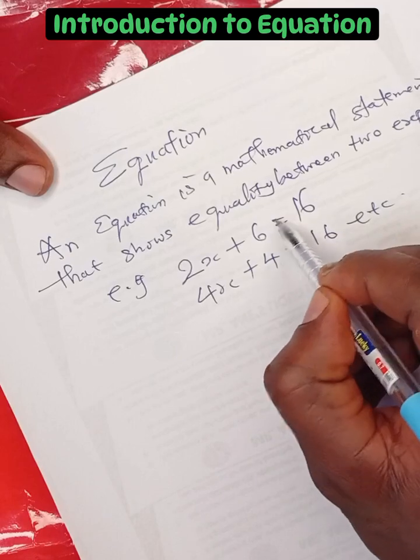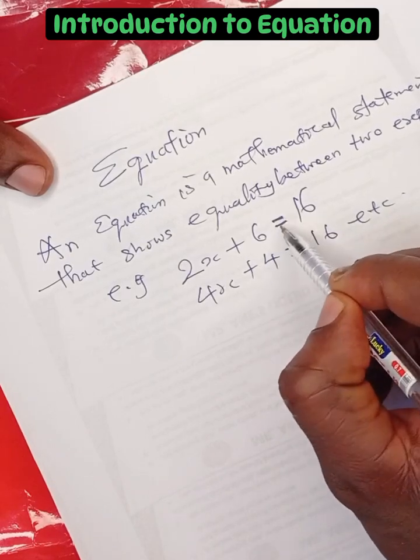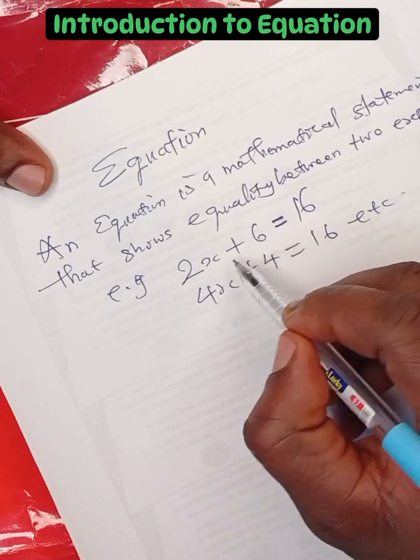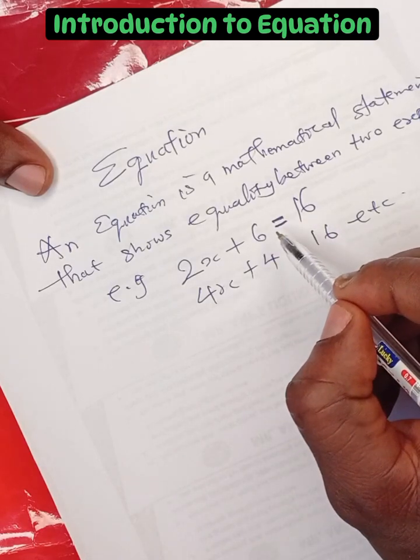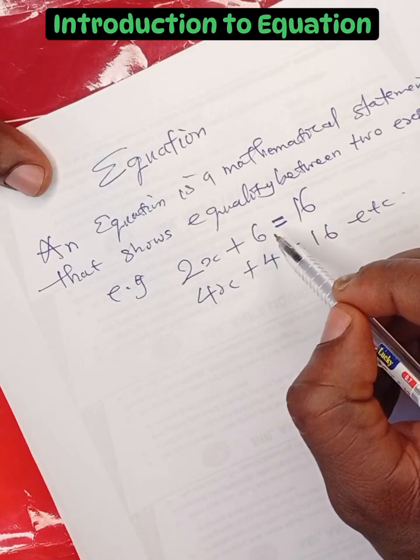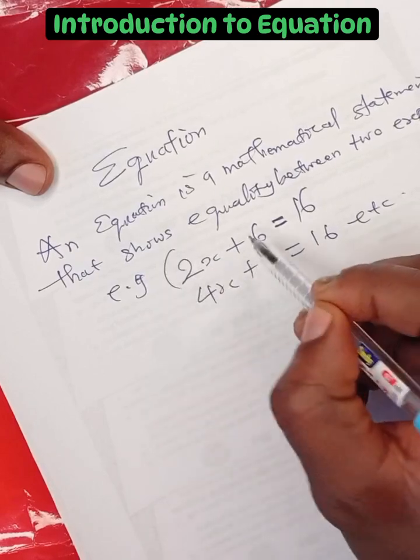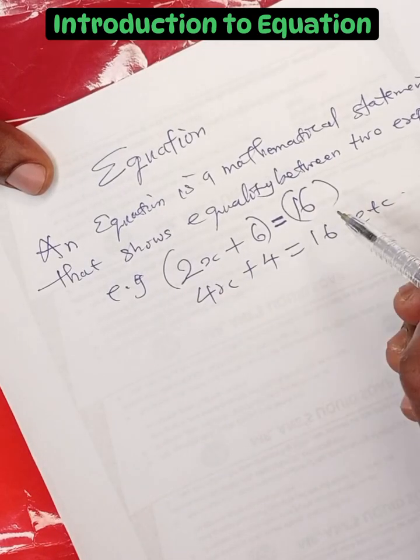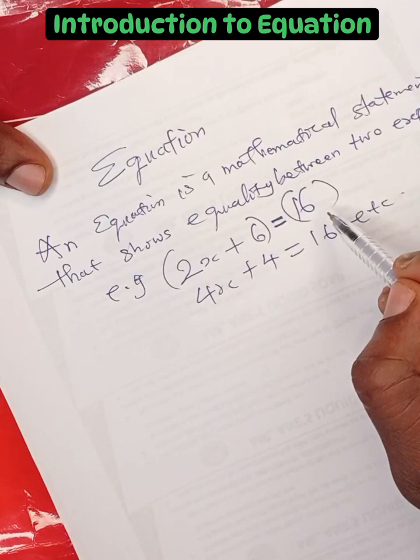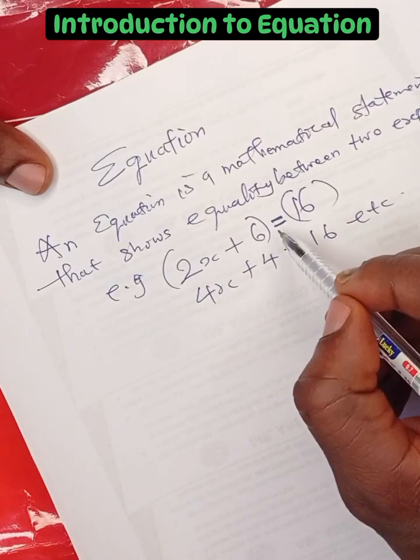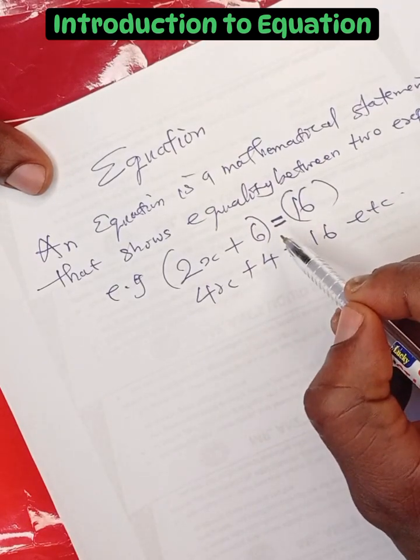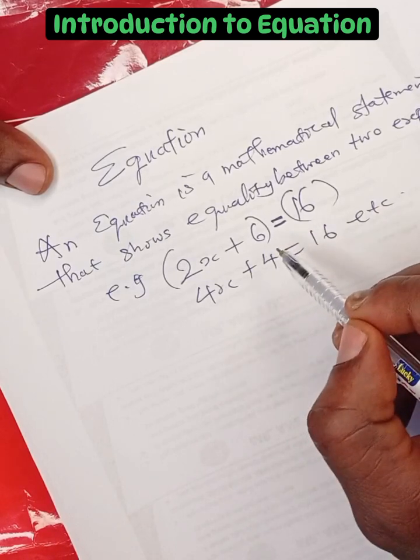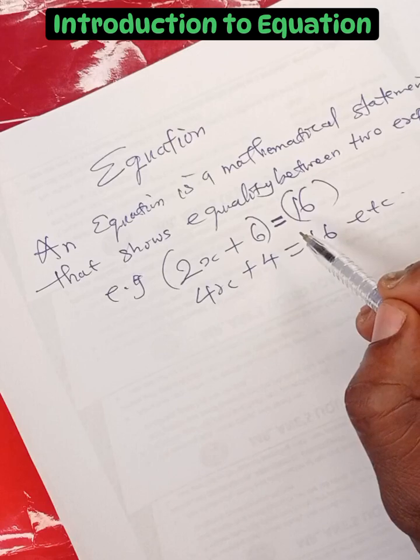Now, we said that it is a mathematical statement that shows equality between two expressions. This is an equal to sign. This is what makes these expressions an equation. This side is an expression. This side is an expression. So the equality sign makes both expressions become an equation.